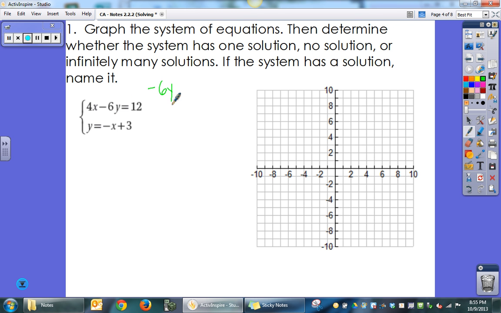So I'm going to subtract 4x from both sides. So negative 6y equals negative 4x plus 12. Divide everything by negative 6. So y is equal to positive 2/3 x minus 2.